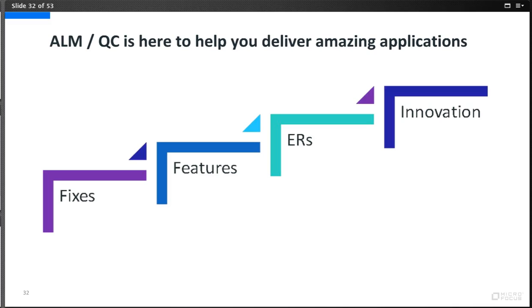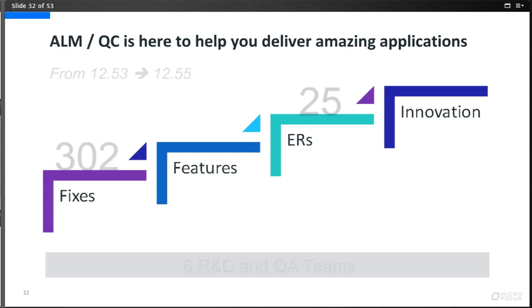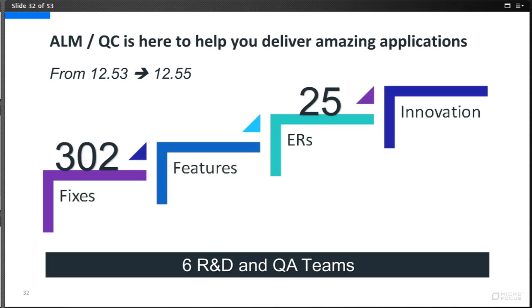And as you provide us enhancement requests, this is leading to new innovation in our platform. For example, just between the last release from 12.53 to 12.55, we did over 302 fixes, which led to multiple different features. We added 25 different enhancement requests to add to the newer level of innovation. And we did this across 6 dedicated R&D and QA teams.